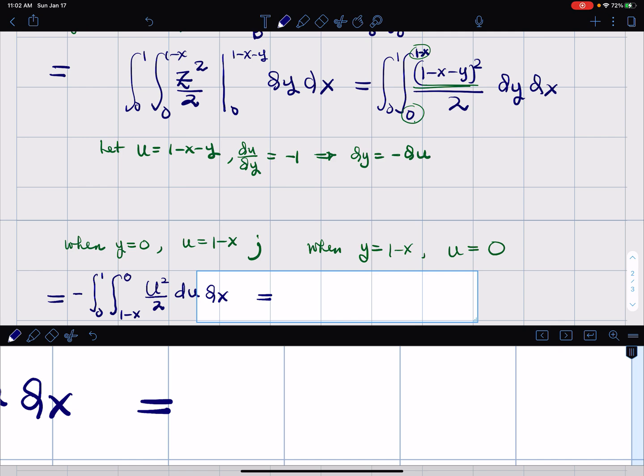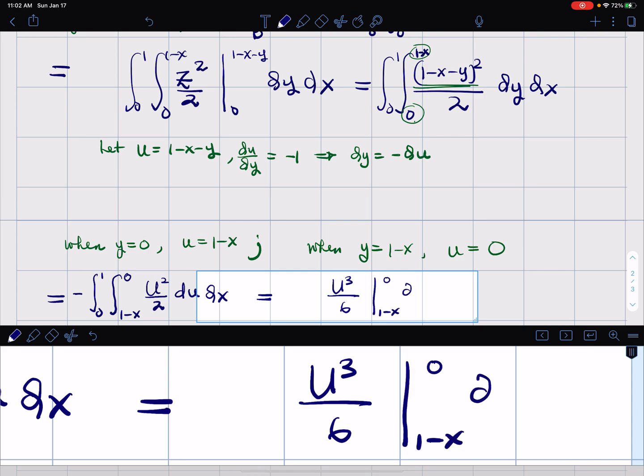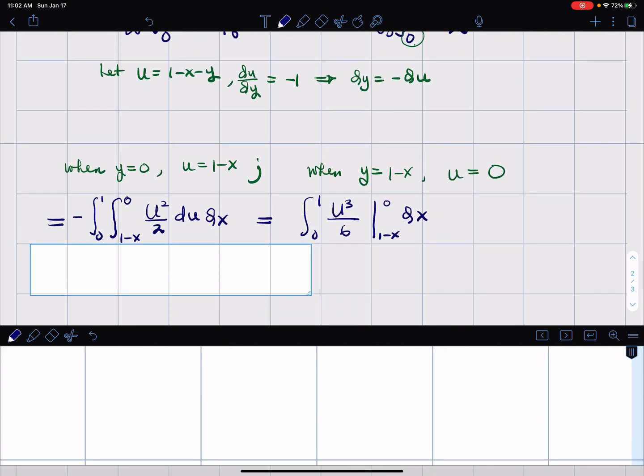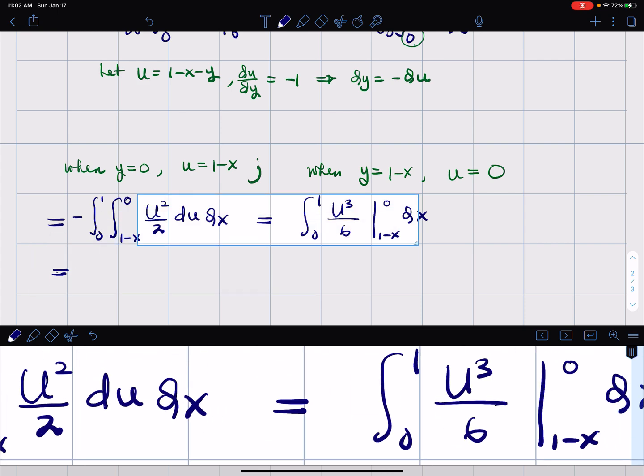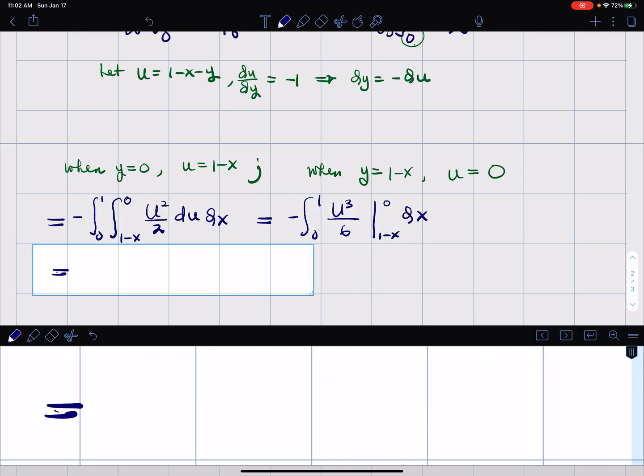So now let's do the inner integral, which becomes u cubed over 6, and then you're going from 1 minus x to 0. And you still have dx, 0 to 1. So when you plug in 0, u is 0, so you still have your negative. When u is 0, what do you have? You have 0.